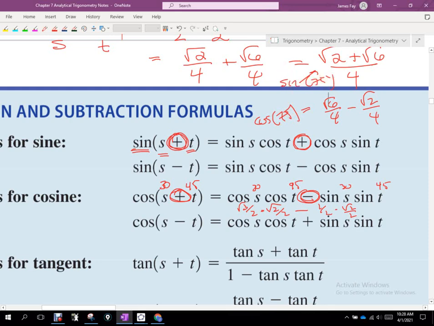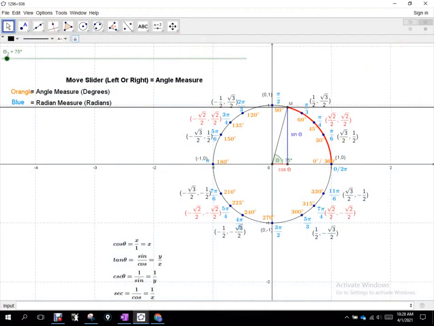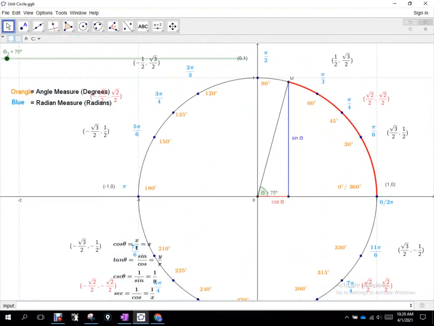So if I look at my unit circle, okay, and we look at, I'm just going to plot, so right now I've got drawn out an angle of 75 degrees here, okay, which that would be 5 pi over 12 if we're talking about radians. And I'm going to ask it to find the ordered pair.